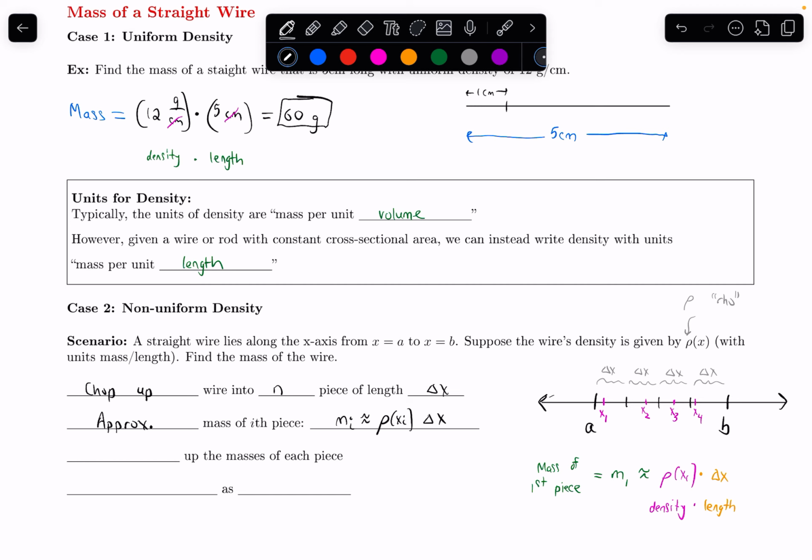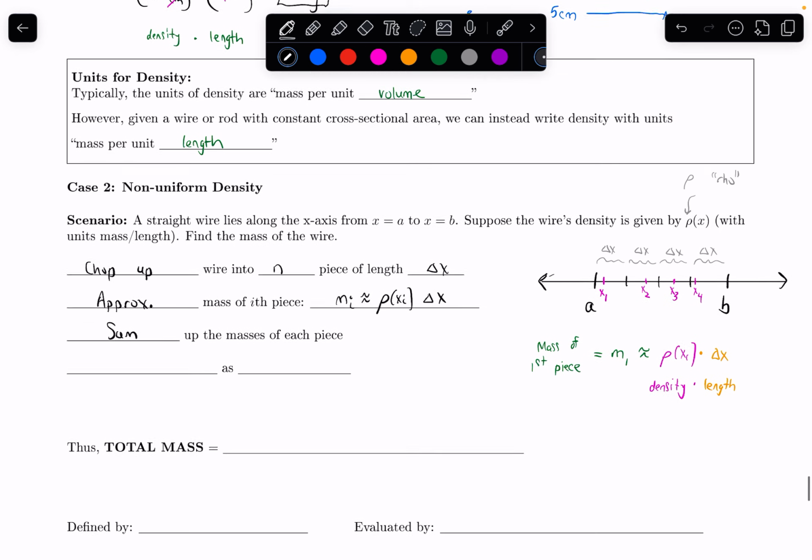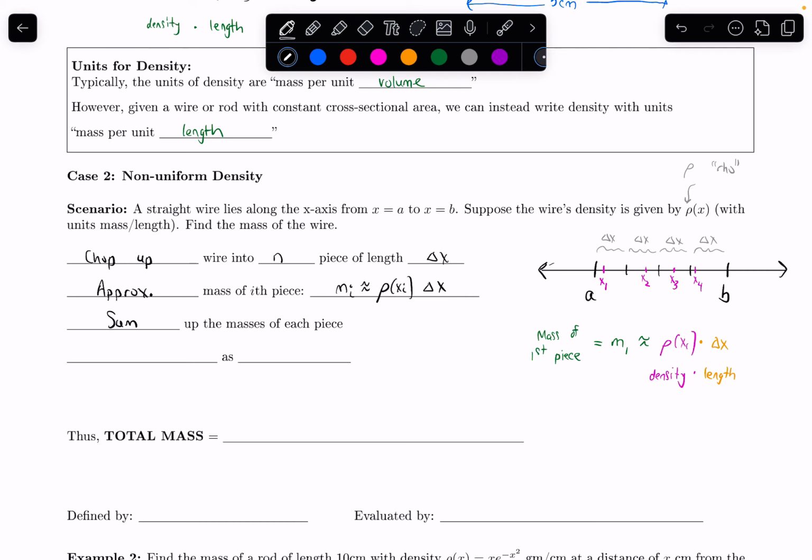Now let's sum up the masses of each piece. That gives me an estimate for the total mass. When I sum them up, I have to use sigma notation. I'm going to sum from i equals 1, meaning piece number 1, up until n, meaning piece number n, of these masses, rho of x_i times delta x.